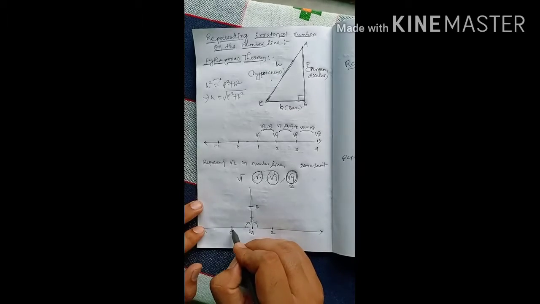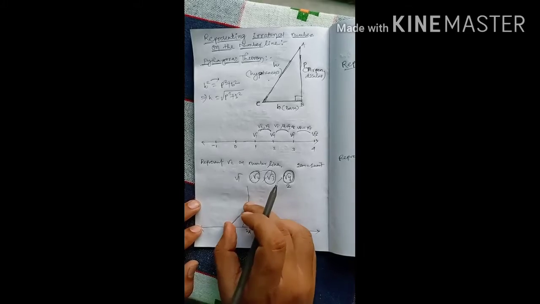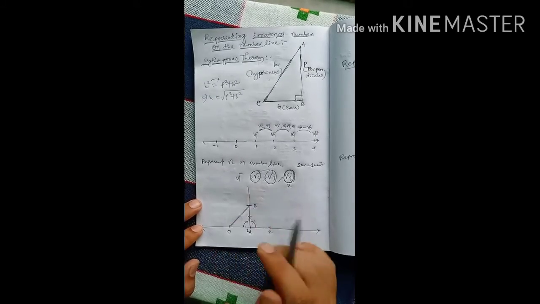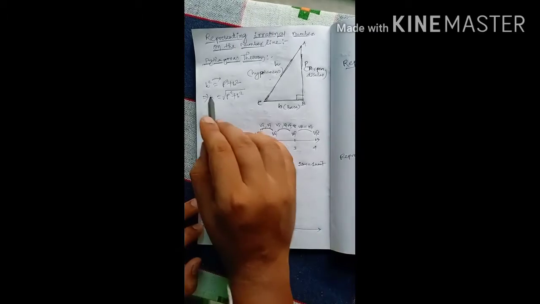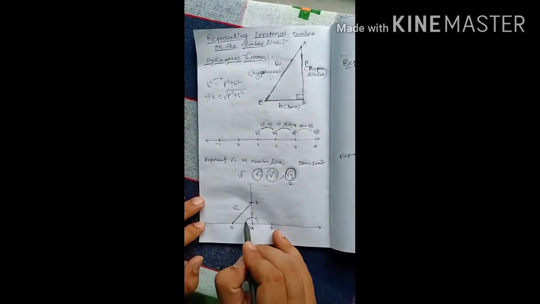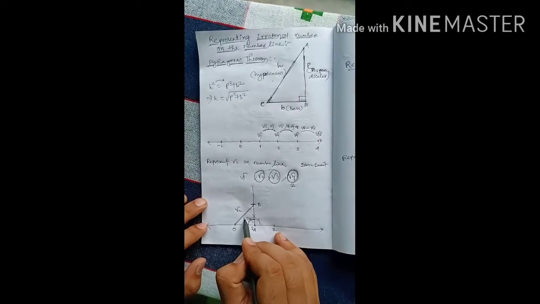If we join OB through a scale, then the distance OB will represent root 2 units. How? Look here. According to Pythagoras, it is a 90 degree angle, and the side opposite the right angle is known as the hypotenuse.